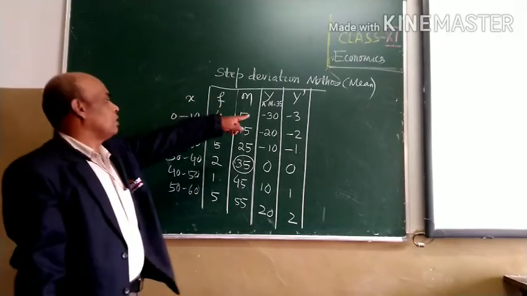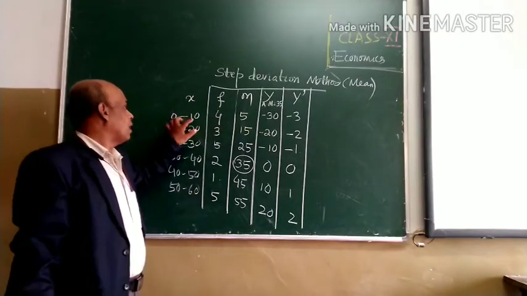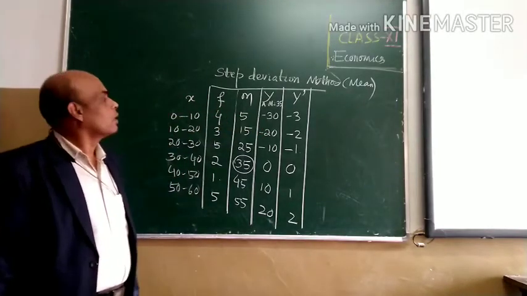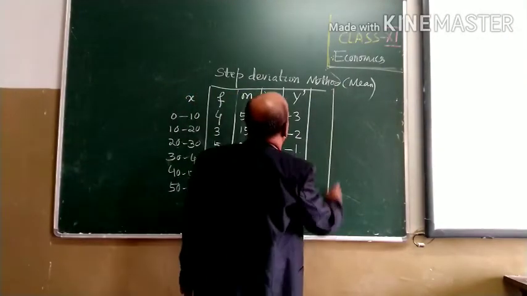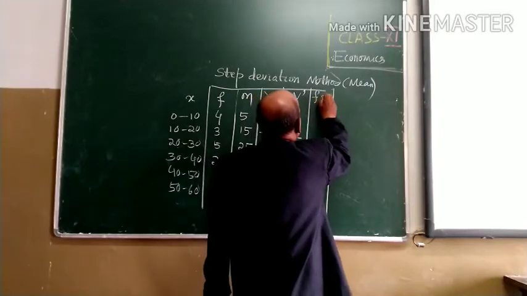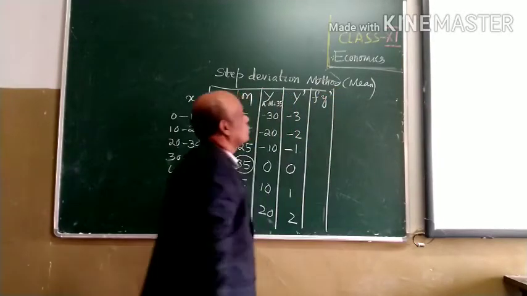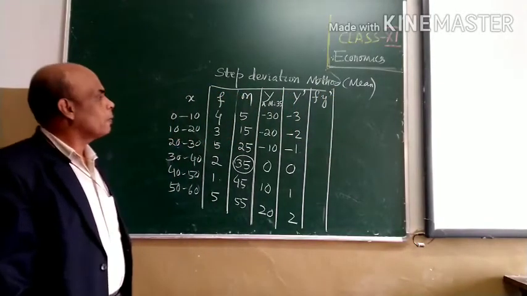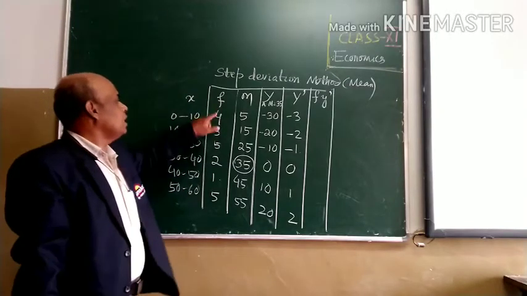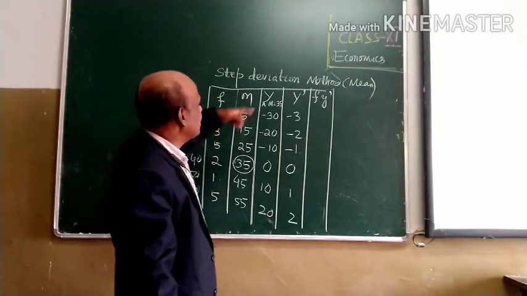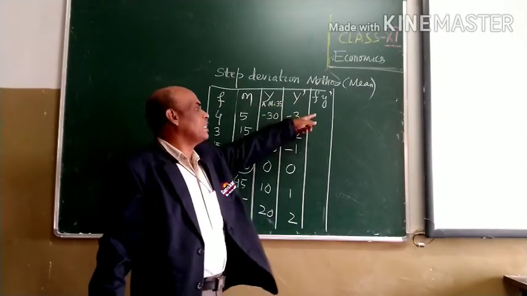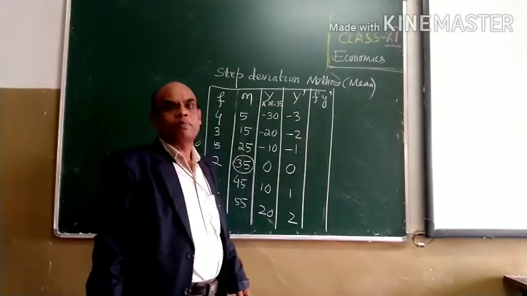Whenever you divide this number by the class interval, you get y dash. Then the last column you have to remember is f into y dash. F means frequency. So now f will be multiplied with y dash, and we will get this column value.